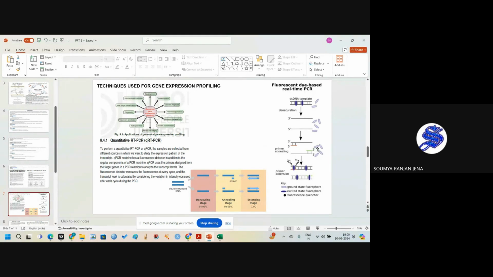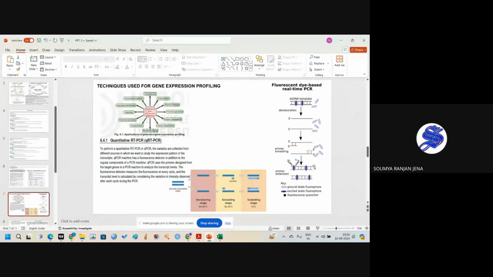After the extension, we use a fluorescence label tag, that is SYBR Green, and this SYBR Green binds to the minor groove and major groove of the DNA, and it gives a fluorescence. Here we started with one template, and here we have two different templates by primer extension by DNA polymerase.